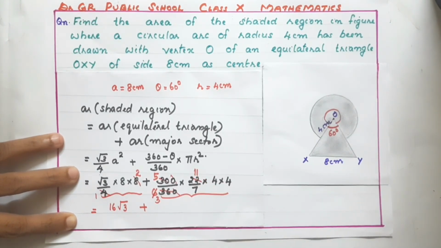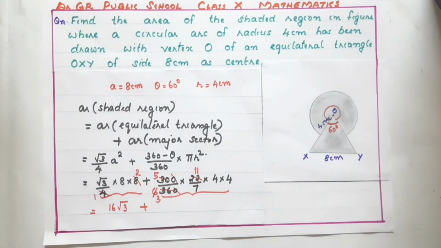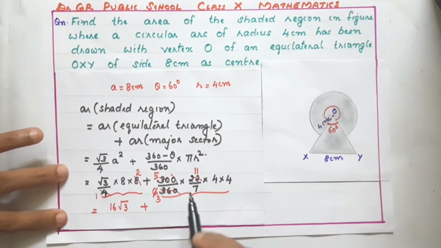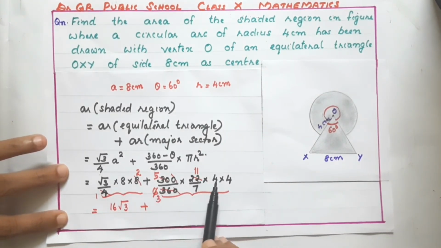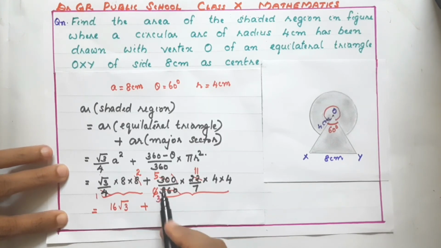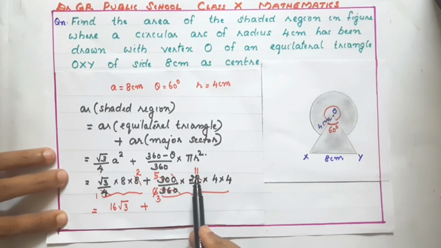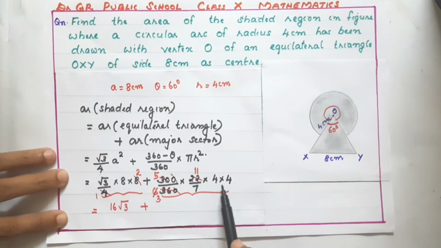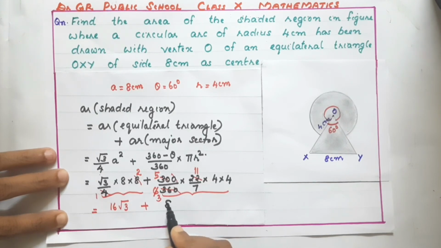So what is remaining? 5 into 11 into 4 into 4 in the numerator. What is it? 5 into 11, 55. 55 into 16, it is 880 by, what is 3 into 7? 21.